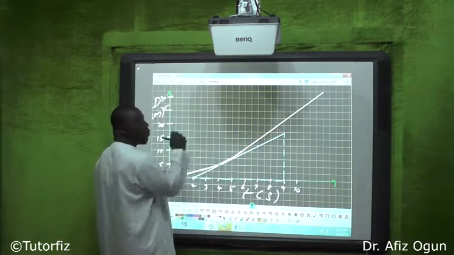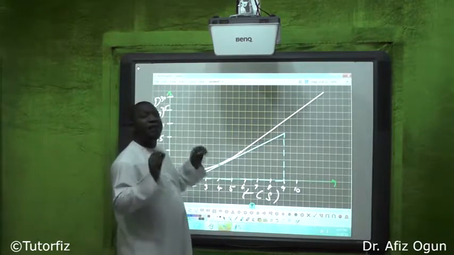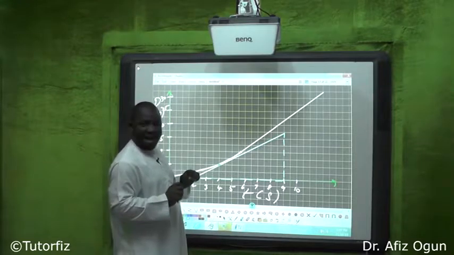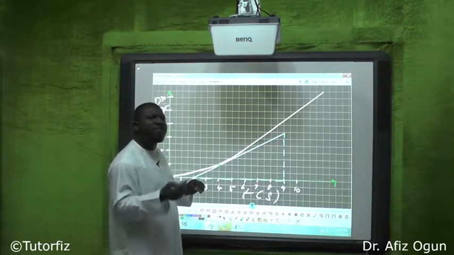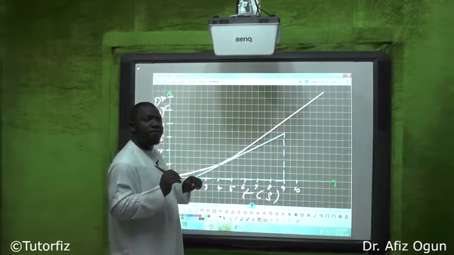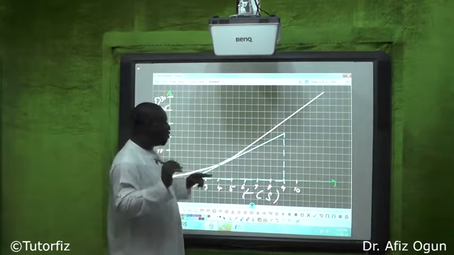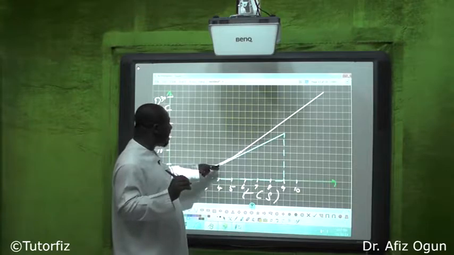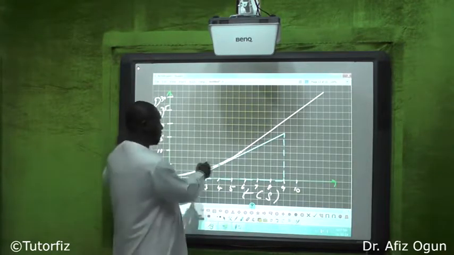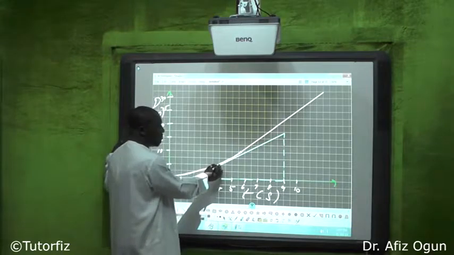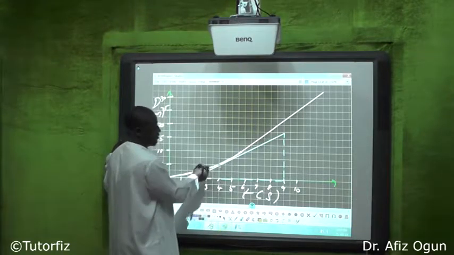I have used that point. What do I need that point for? I only need that point to draw my tangent. Make sure your pencil is sharp enough that your tangent is touching the curve at that same point. You can see that your teacher is not very accurate. For you, your sharp pencil should touch at that point.